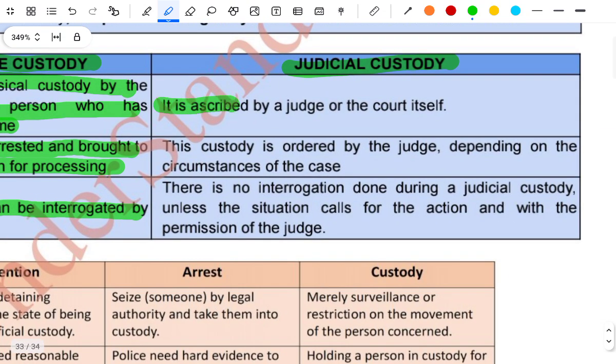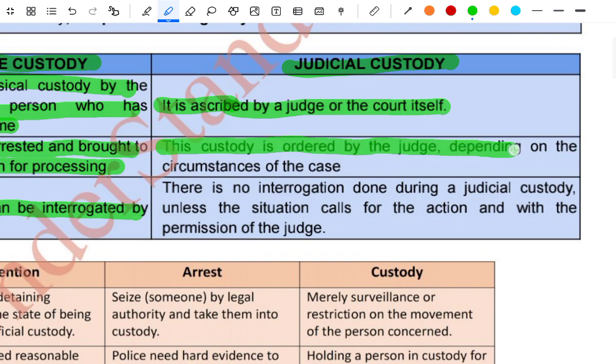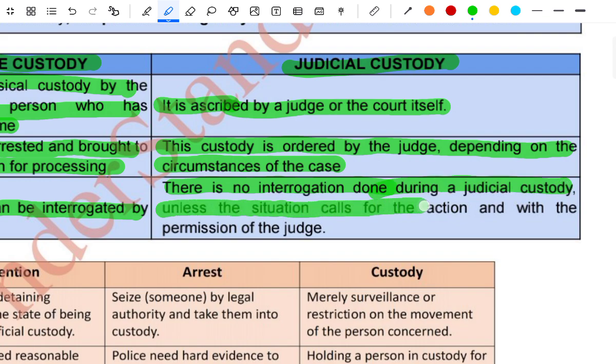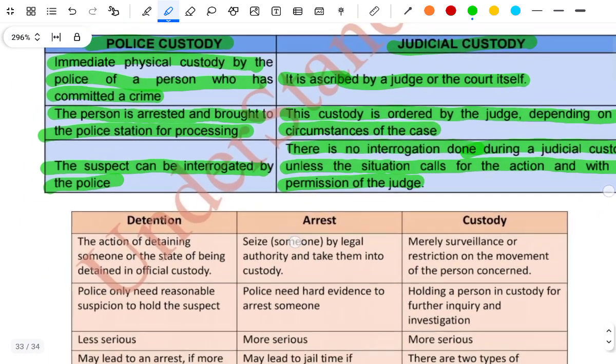It is ordered by the judge or the court itself. This custody is ordered by the judge depending on the circumstances of the case. There is no interrogation done during judicial custody unless the situation calls for the action and within the permission of the judge.